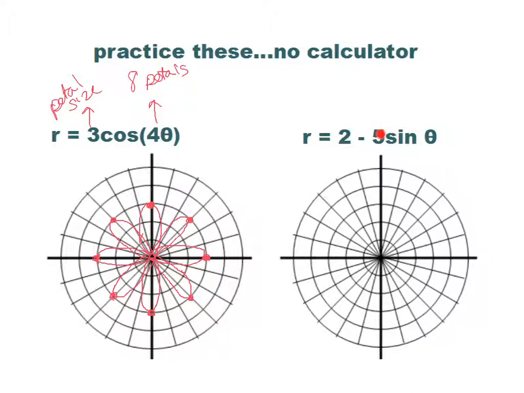If I add these two numbers, that'd be a 7. That's going to be what my biggest loop is. And if I subtract the two numbers, it's going to be my smaller loop. So that's going to be 3. As far as which direction the loop goes, well, the sign tells me it's going to head up and down. Because it's a minus sign, my little loop is going to be downward.